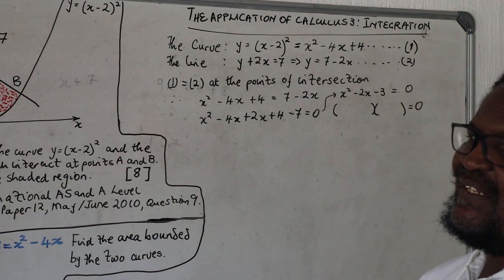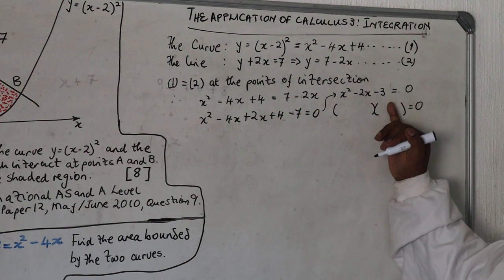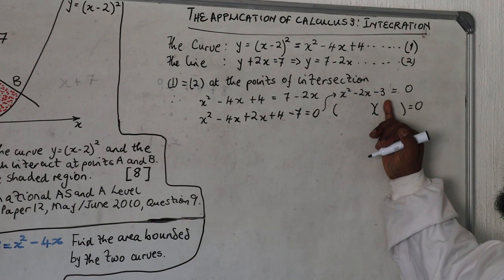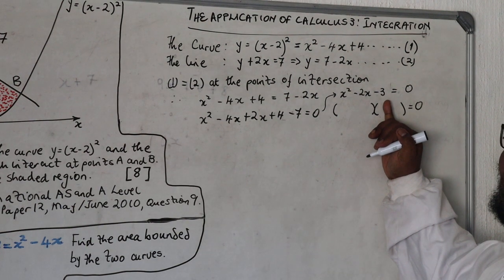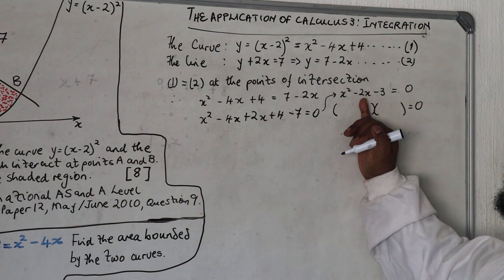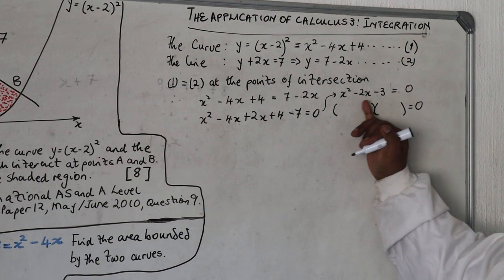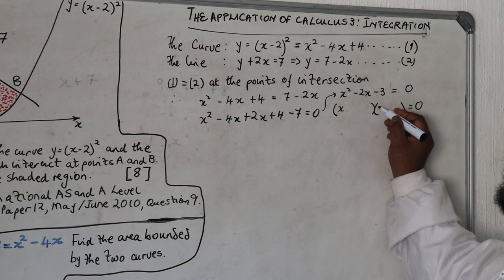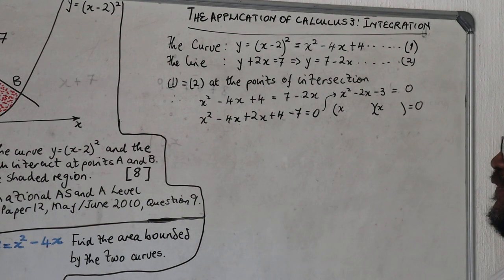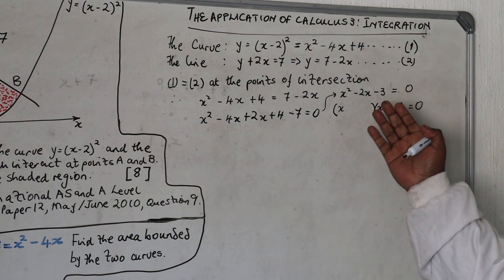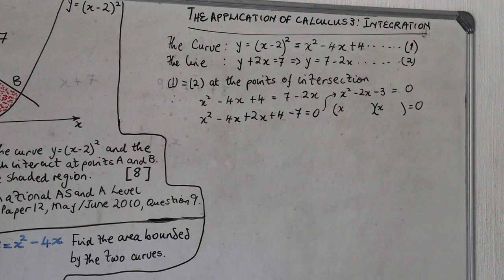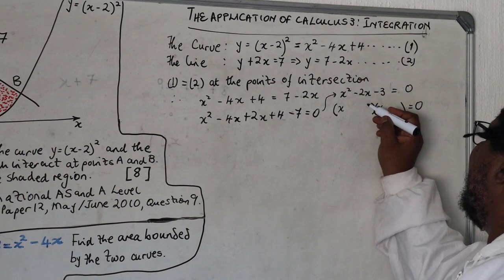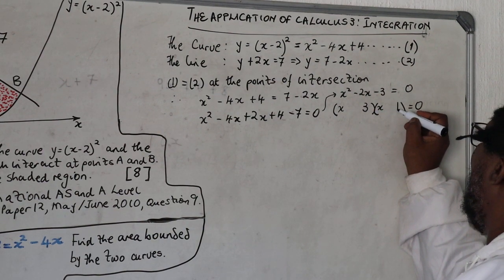And the best trick in factorization is to look at the constant term and look at the coefficient of x, and we say for x squared we have x and x, and then what two factors of 3 will give us 2? They are 3 and 1.